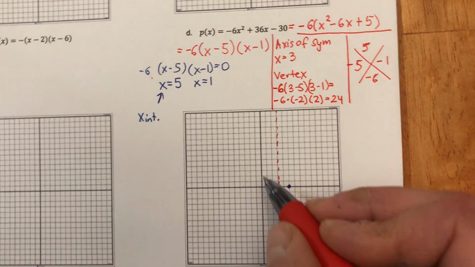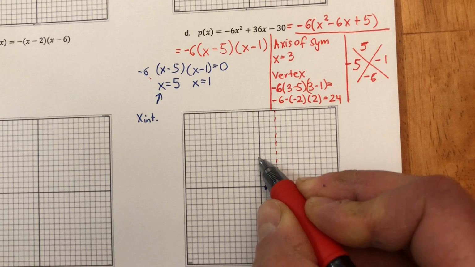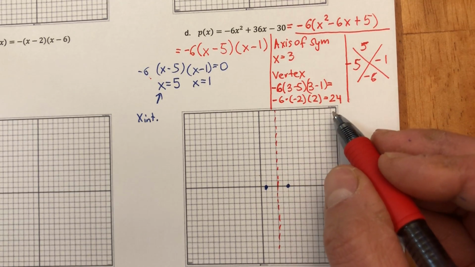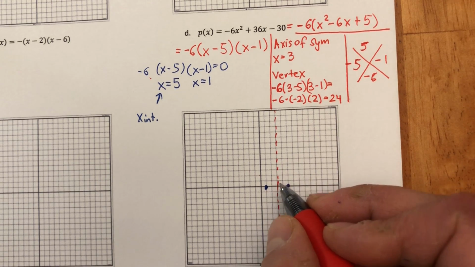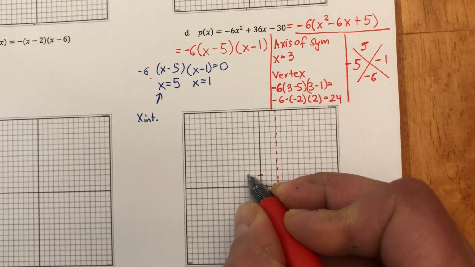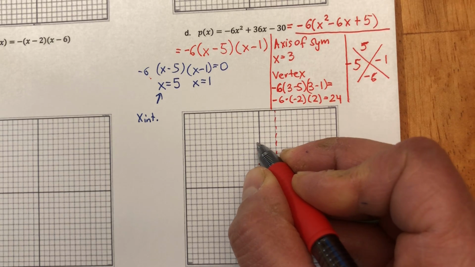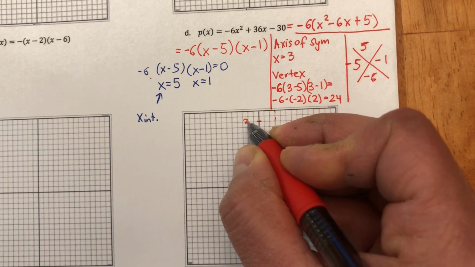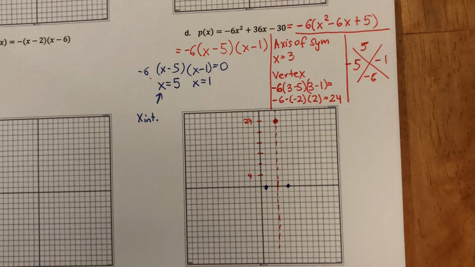So, well, I think if we count every 2, 4, 6, 8, that's not enough. 24 is divisible by, let's see, 8. So if we go by 4, so if this is 4, 8, 12, 16, 20, 24, I know that my vertex is going to be here.